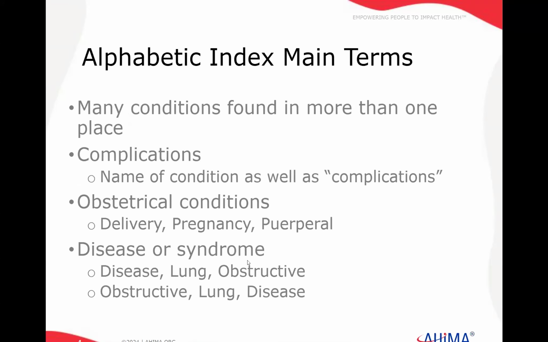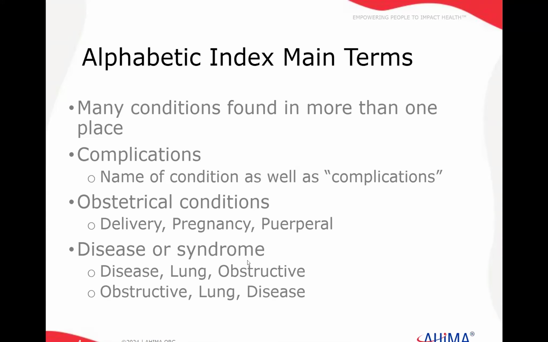Many conditions in the codebook can be found in more than one place. Some important things to keep in mind: you can find things under the main term of complication as well as the name of the condition. OB conditions can be found in more than one place as well by using the main terms of delivery, pregnancy, puerperal, and then disease or syndrome, right?